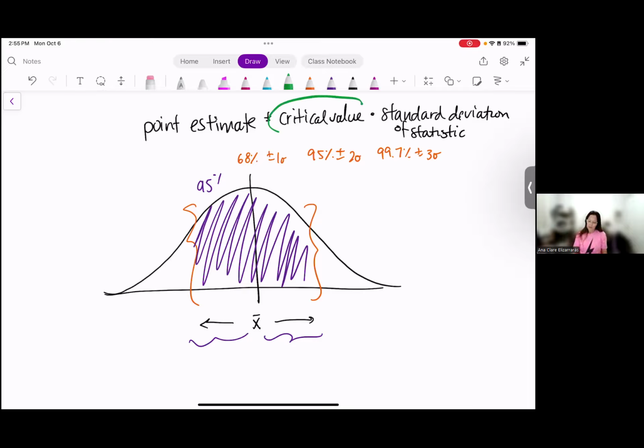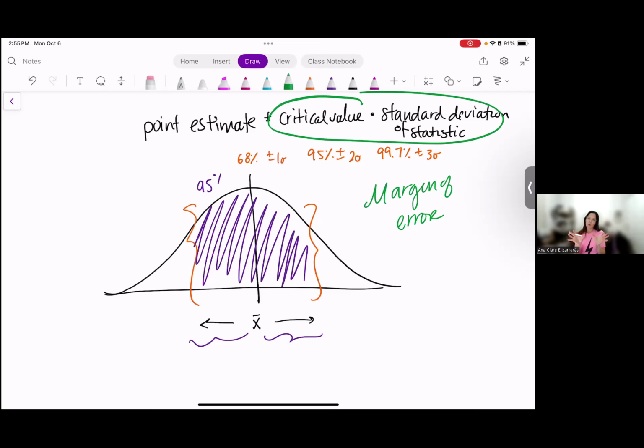We call this second half the margin of error, or MOE. So we need to know our mean for the sample. We need to know our sample standard deviation because we're never going to know the population standard deviation. That's like, you're not performing inference if you know the population standard deviation.